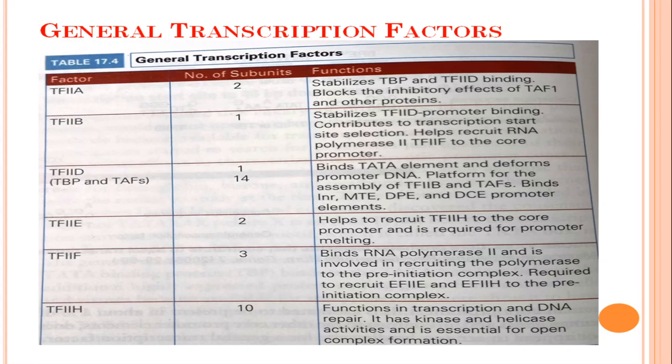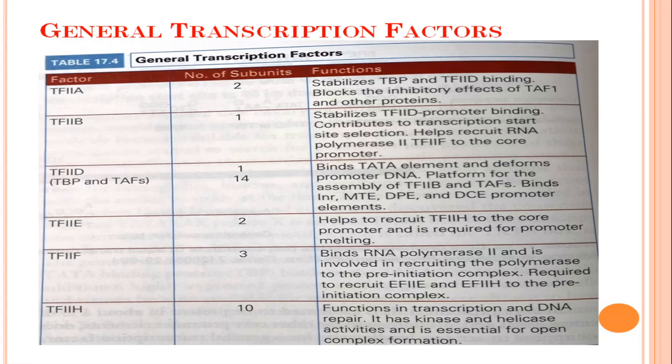Next one is TF2D. This is the major element that binds to the TATA element at the core promoter. It provides a platform for the binding of TF2B and other TAFs and the binding of other elements at the promoter.